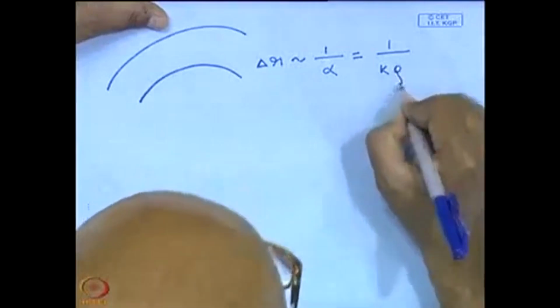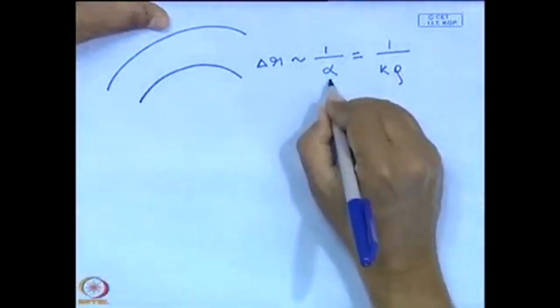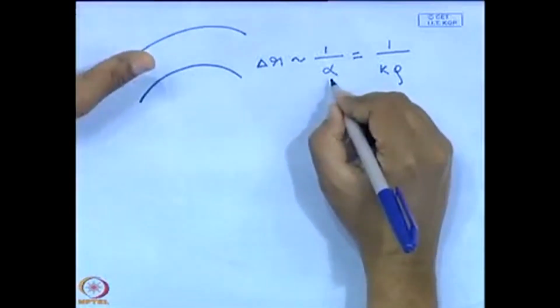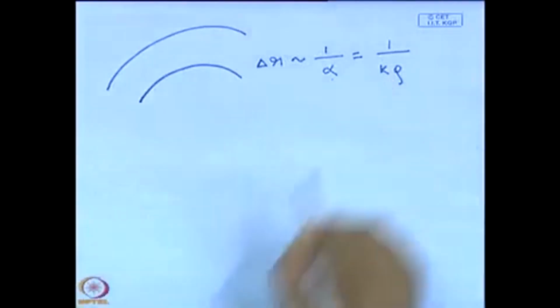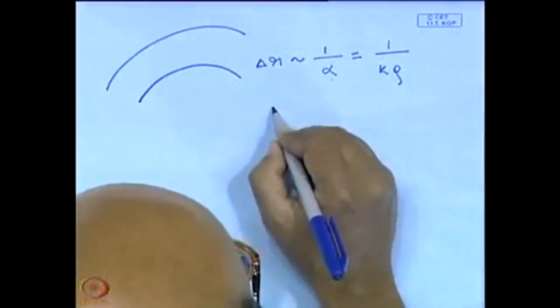Okay. So, this is the absorption coefficient per unit volume, right. That is how we had introduced it, alpha, and kappa is per unit mass. Okay, so, kappa is also called the opacity.